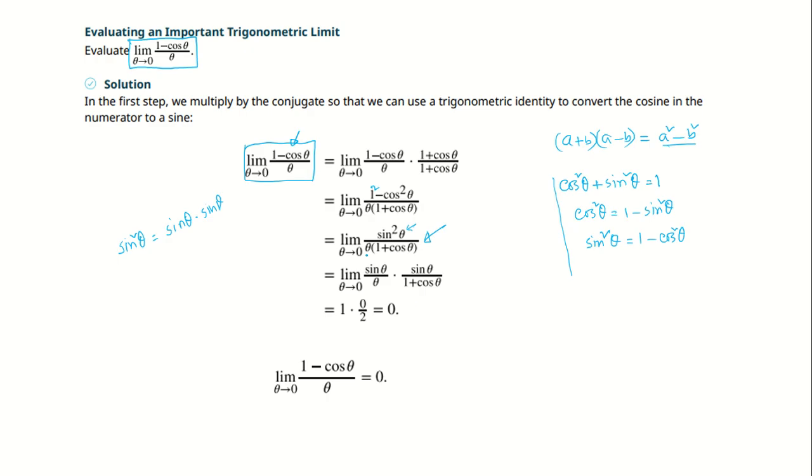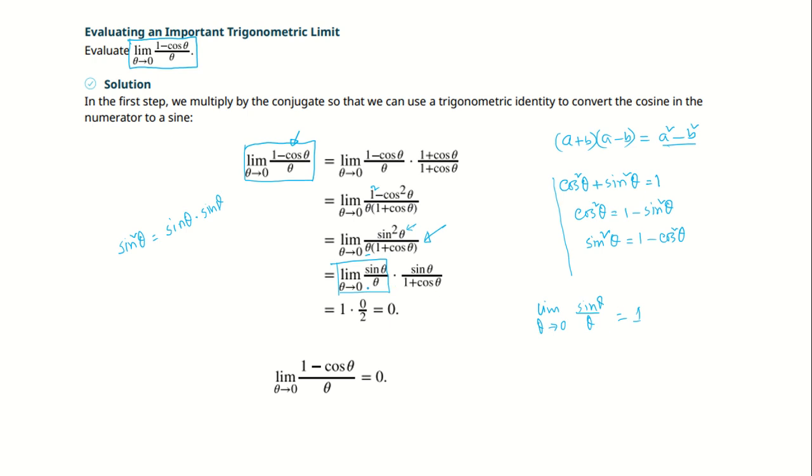We have theta in the denominator, so if we separate theta just under sin theta, then we can apply a theorem here. Since we know that the limit as theta tends to 0 of sin theta by theta equals 1.